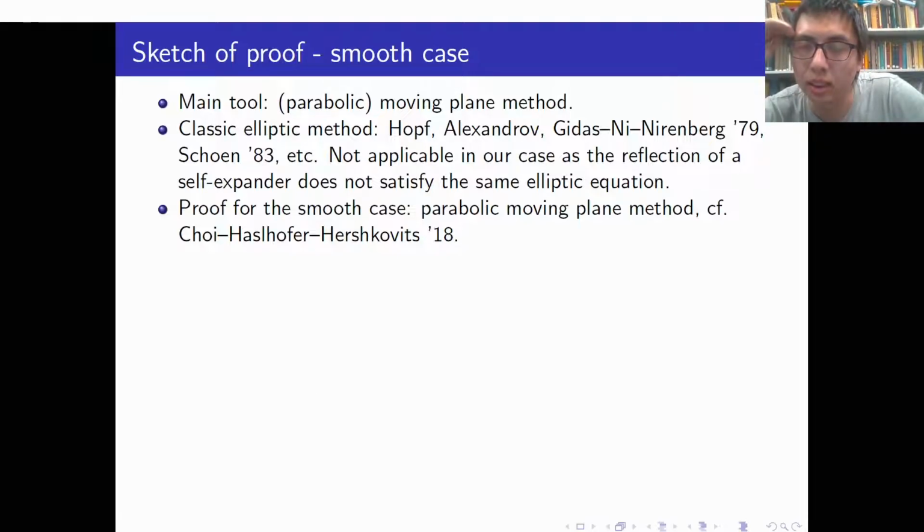This is similar to the groundbreaking paper of Choi, Haslhofer, Hershkovits that established the mean convex neighborhood conjecture in R3. They have a similar parabolic moving plane method carried out, but for cylindrical ends rather than conical ends.